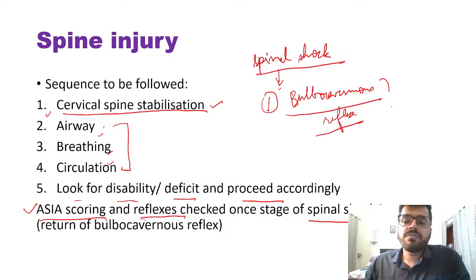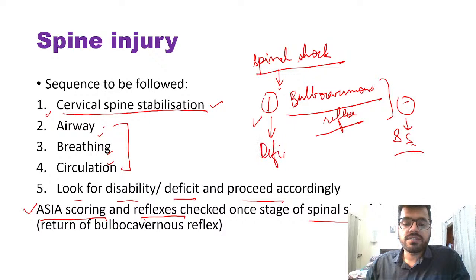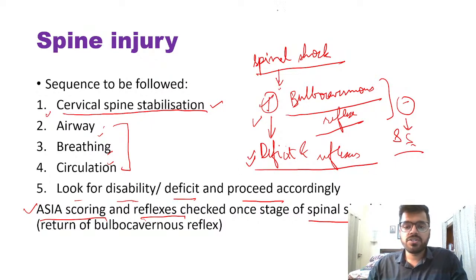If this reflex is absent, the patient is still in spinal shock. Once this reflex returns, after that we check for the deficit and the reflexes. So it's very important to check for the bulbocavernous reflex. Spinal shock usually subsides within 24 to 72 hours.